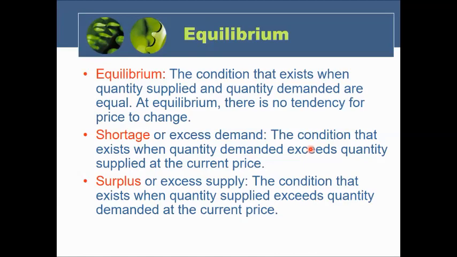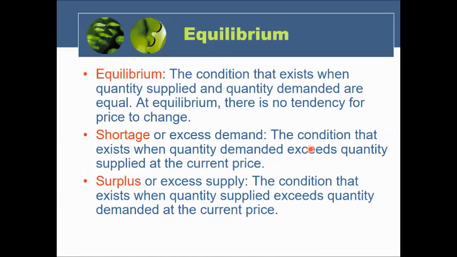Okay? So there can be a shortage or excess demand, and surplus or excess supply. So again, shortage or excess demand. Sobra yung demand, shortage yung supply. It is the condition that exists when the quantity demanded exceeds quantity supplied at the current price.